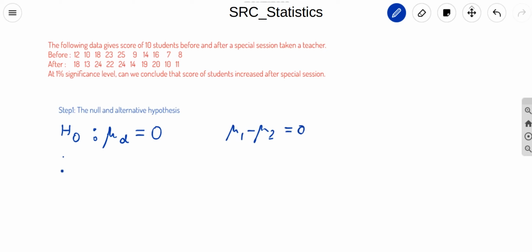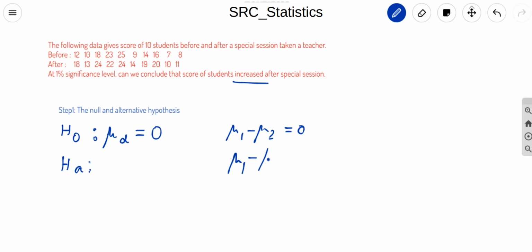And the alternative hypothesis is the research question here. What is it? We have to test whether the score of students increased after the special session. Score of students increased means before the session the score was less and after the session the score is more.